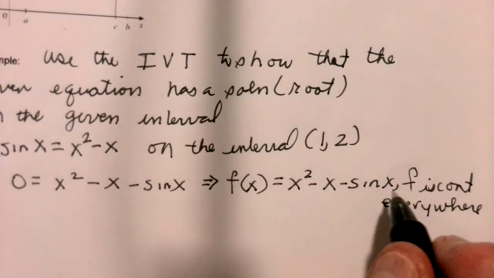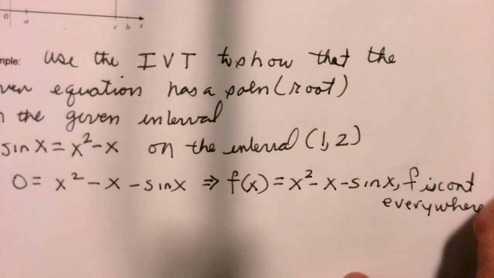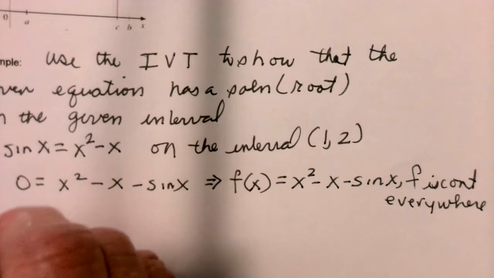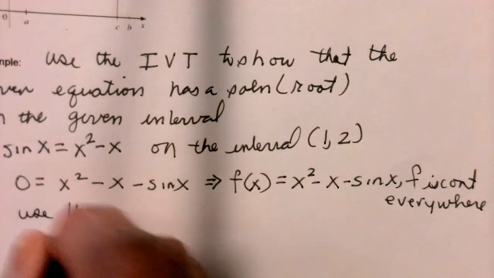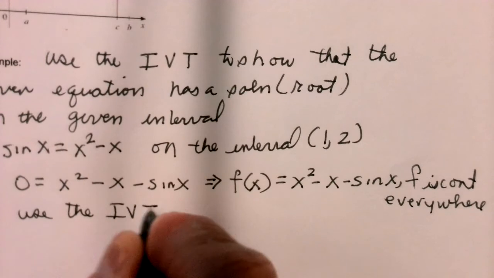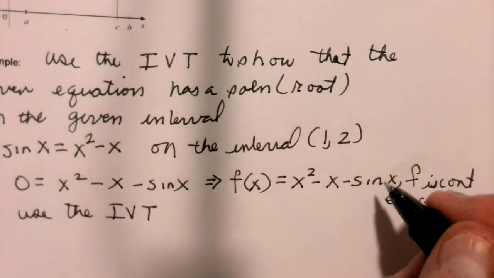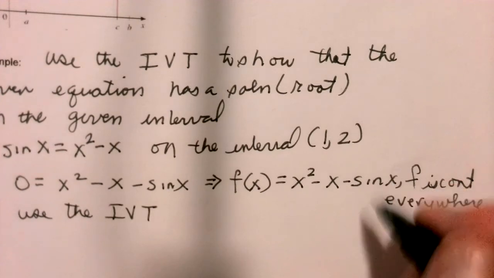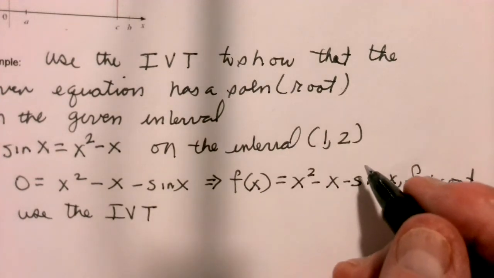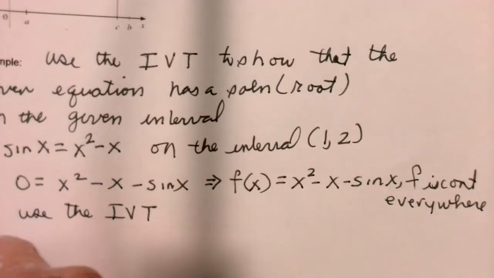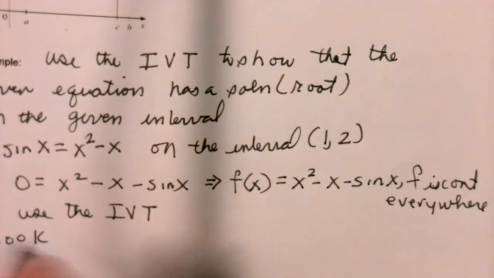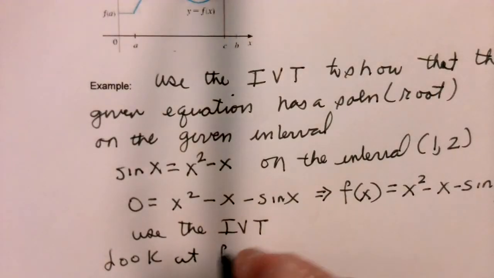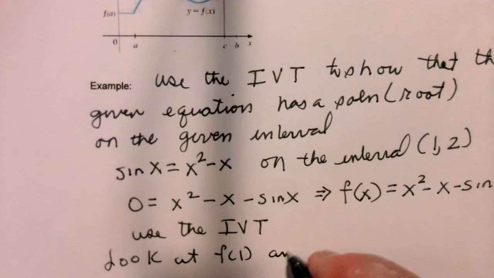That's a polynomial, and we already said that sine x is continuous everywhere. So we can use the intermediate value theorem. If it wasn't continuous on this interval, then we couldn't use this theorem. So what we're going to do is look at f of 1 and f of 2.